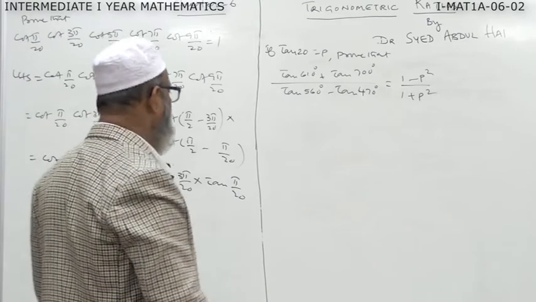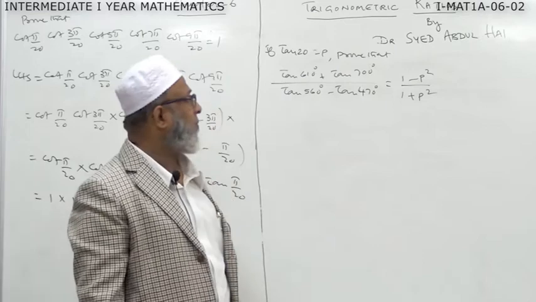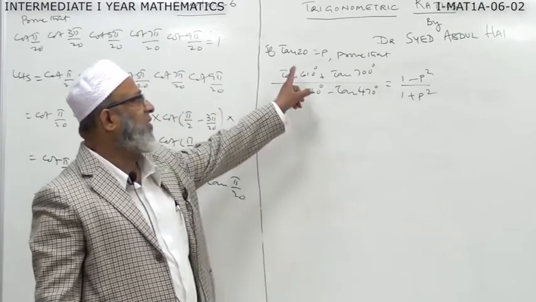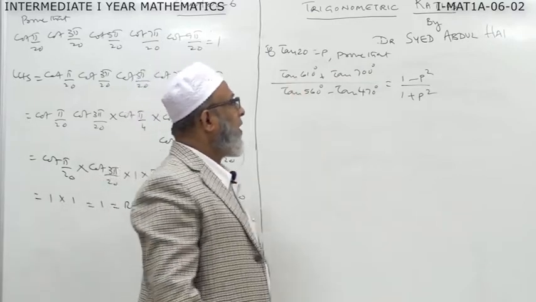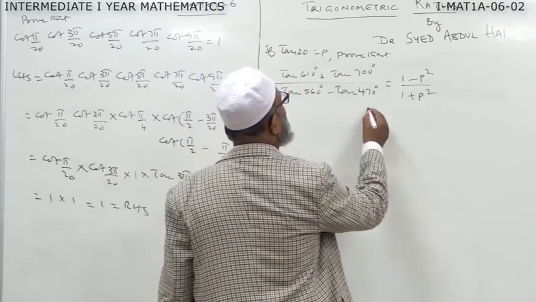Is it clear? Now, my first step is I want to calculate the values of tan 610, 700, 560 and 470 in terms of 20. Okay. Now I am doing the same thing.